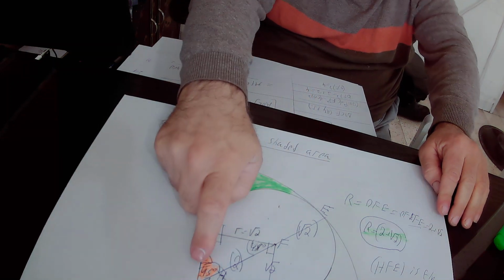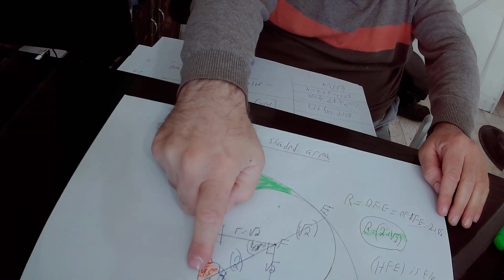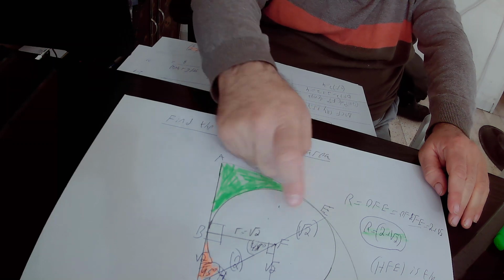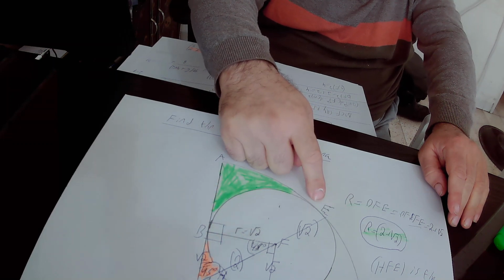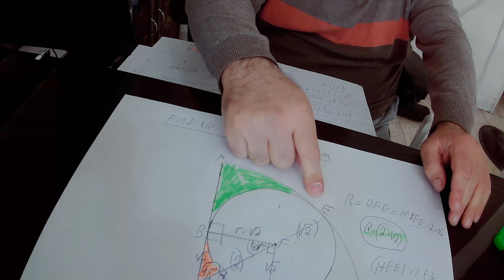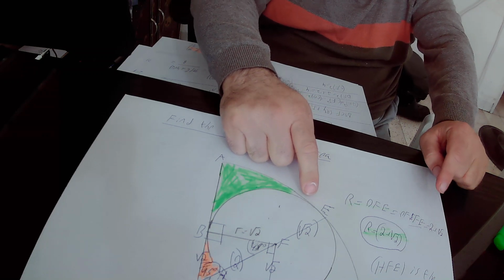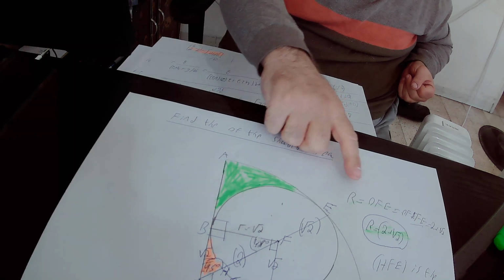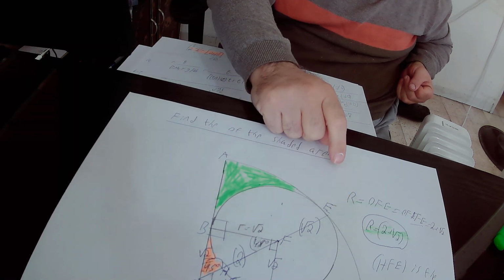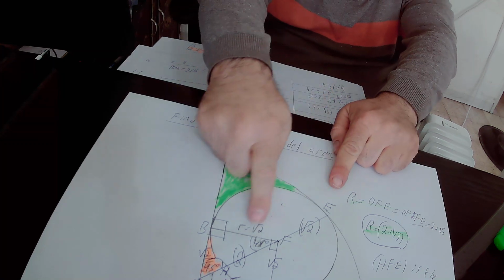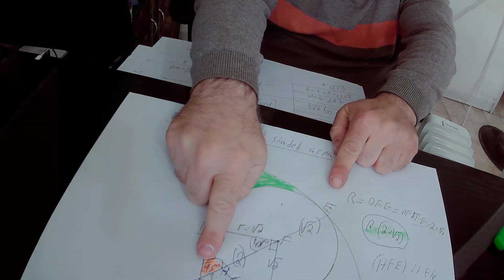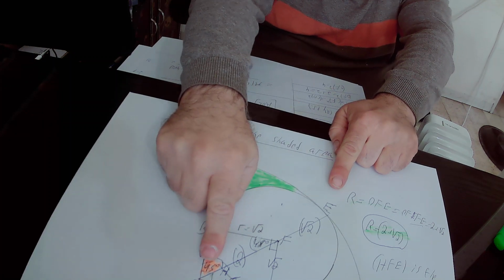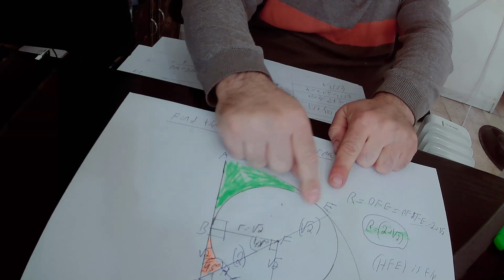Why? Because point O is the center of the quarter circle, point E is a point on the quarter circle itself, therefore OE is the radius of the quarter circle. We define the radius of the quarter circle as capital R, therefore OE equals capital R. If OFE is one straight line according to rule 9, it means that the length of OFE in total will be equal to OF plus FE.